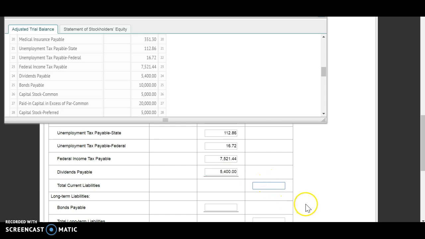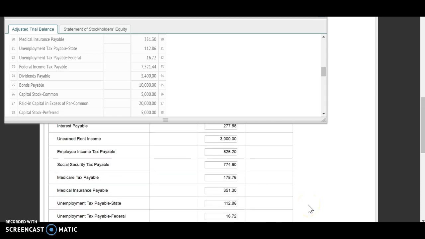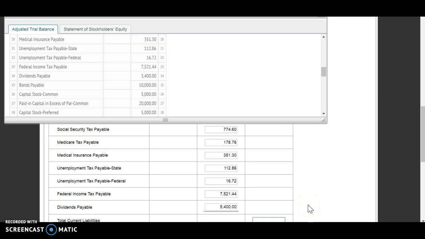Now, to figure out our total current liabilities, we add up all of those current liabilities we just put in.